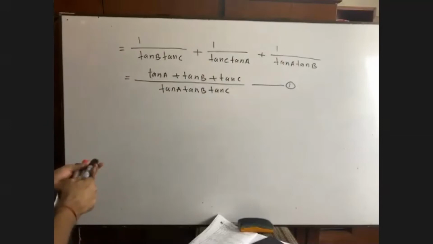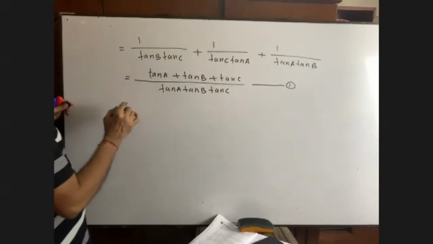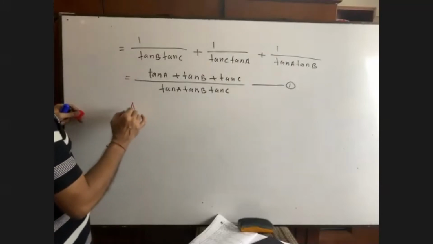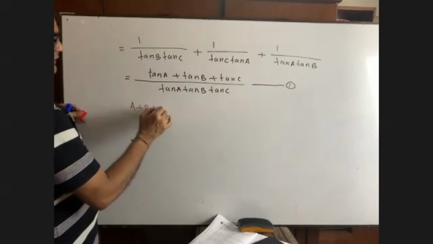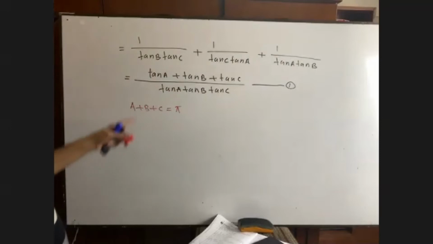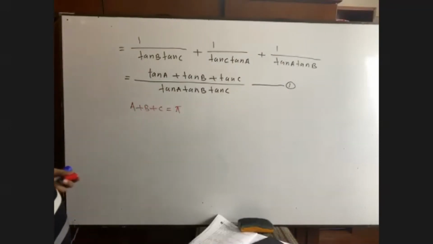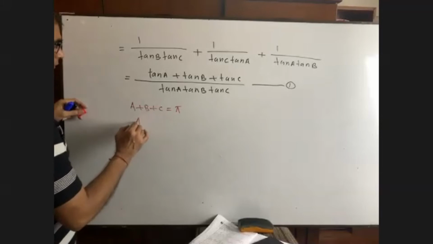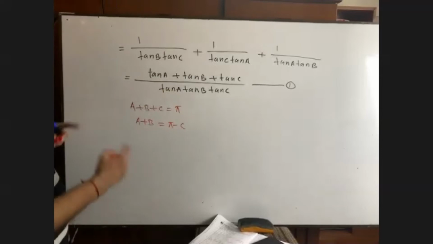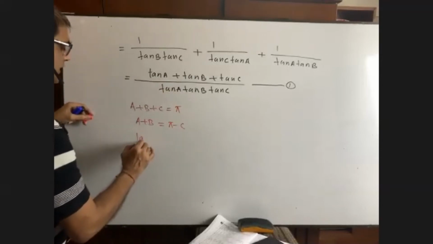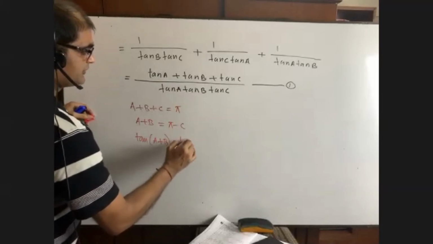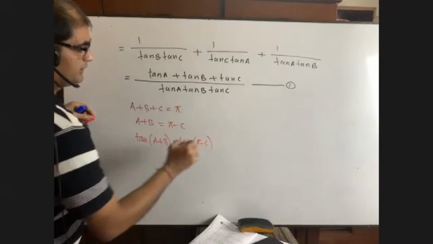Now, actually, we know, one day I did a math like this. It's very simple and easy. You know, A plus B plus C equals pi, we must not forget that it is given. But we didn't have any functioning on this part, right? So from here, you write down A plus B is equal to pi minus C. From here, you can write down tangent of A plus B is equal to tangent of pi minus C, right?